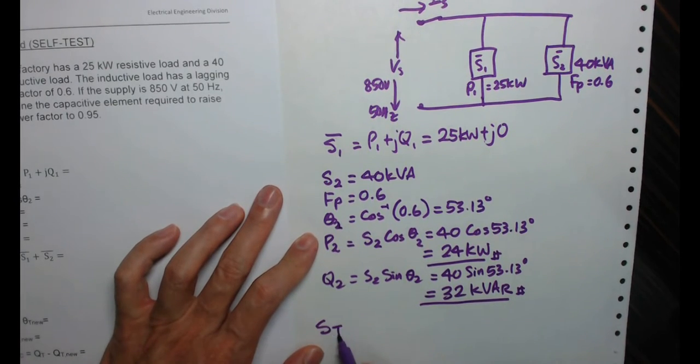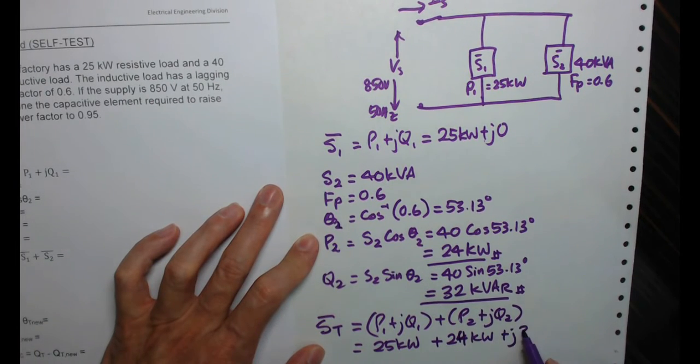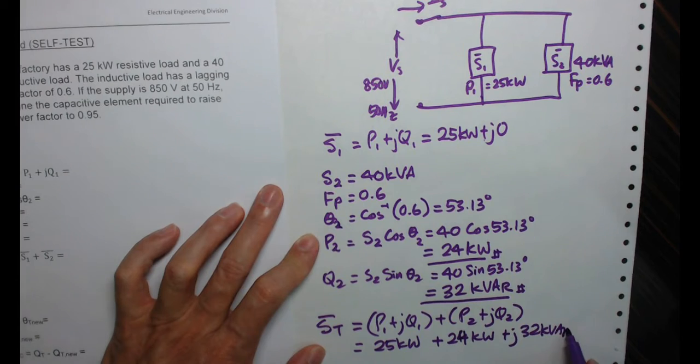So I can sum them up. The total power will be P1 plus jQ1 plus P2 plus jQ2. So that's equal to 25 kilowatt plus 24 kilowatt plus j32 kVAr. That's 49 kilowatt plus j32 kVAr.